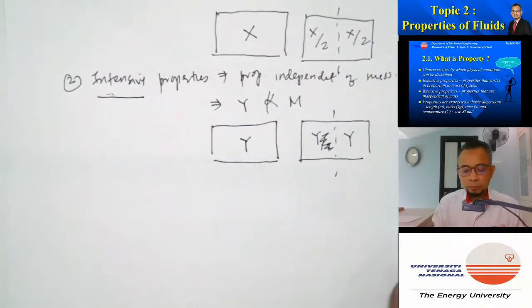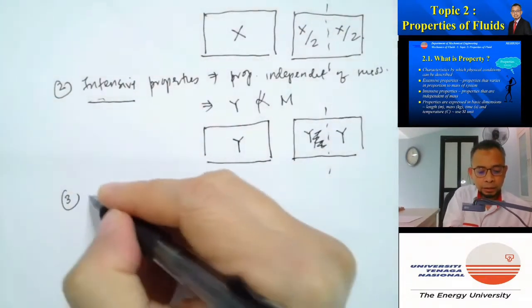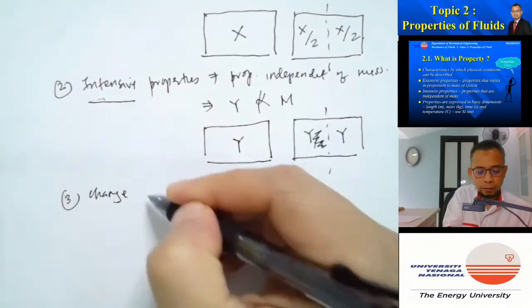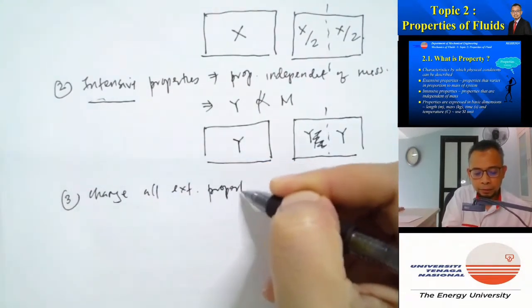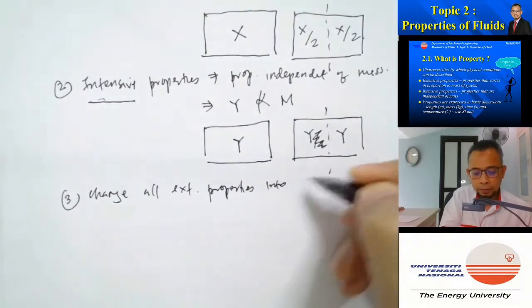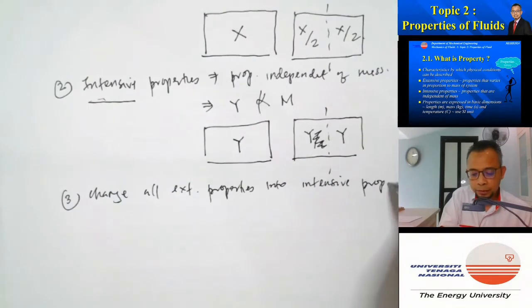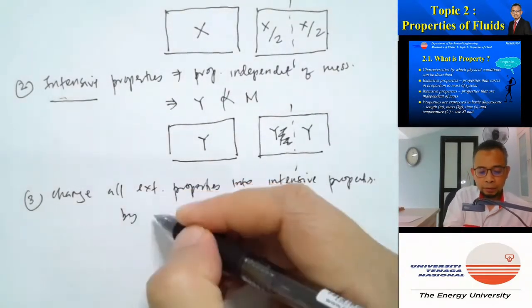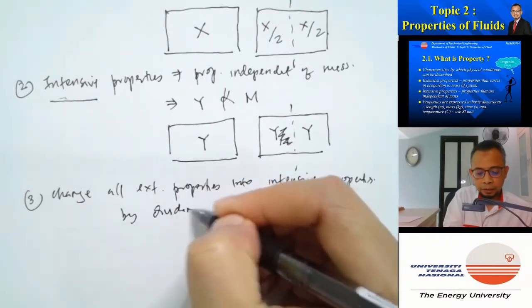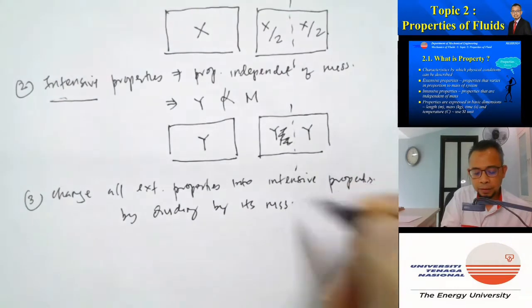So we can change all extensive properties into intensive properties by dividing by its mass.